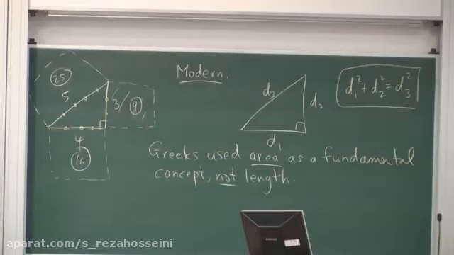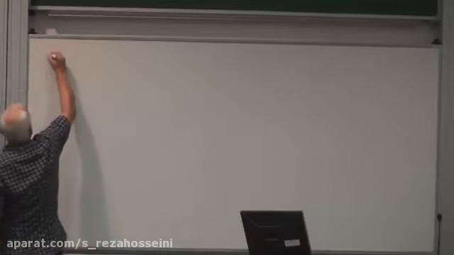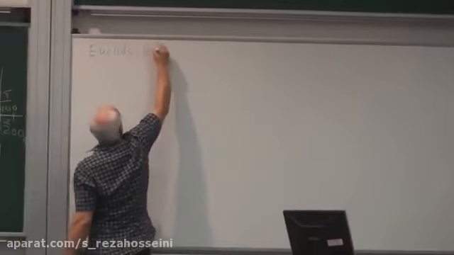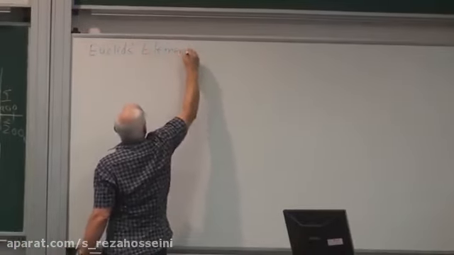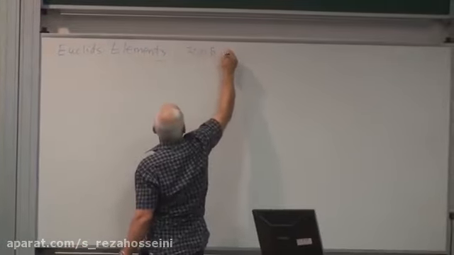And so the formulation of the theorem in Euclid's Elements, this is the most important book in the history of mathematics, Euclid's Elements. That's written around 300 BC.